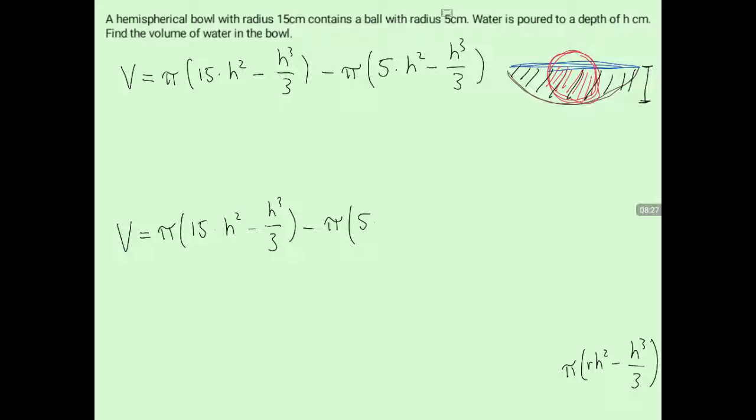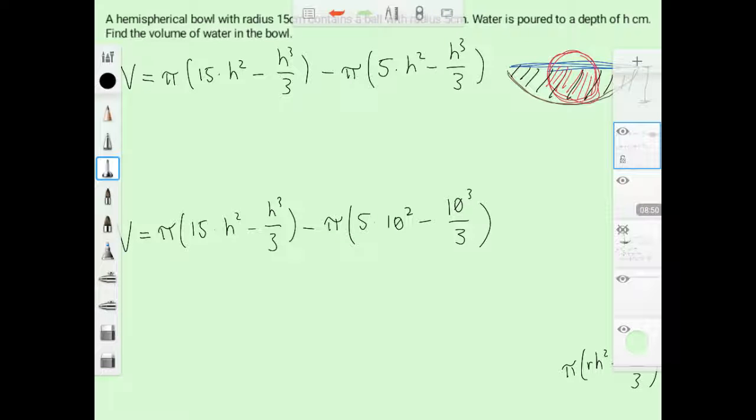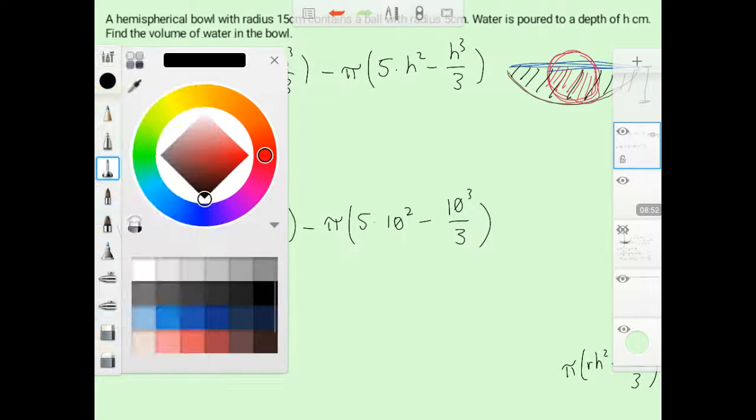If the radius of the ball is 5 centimeters, then the height of the water displaced by the ball is just going to be 10 centimeters, minus 10 cubed over 3. This is going to give us the volume of water in the bowl when the ball is completely submerged.